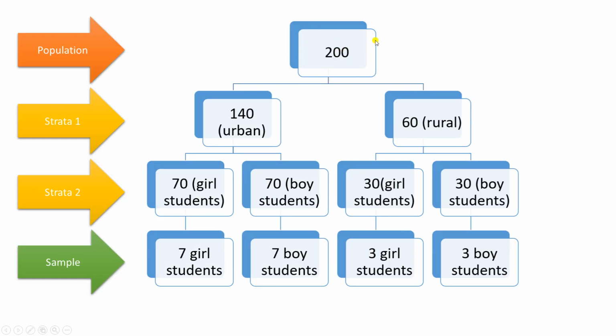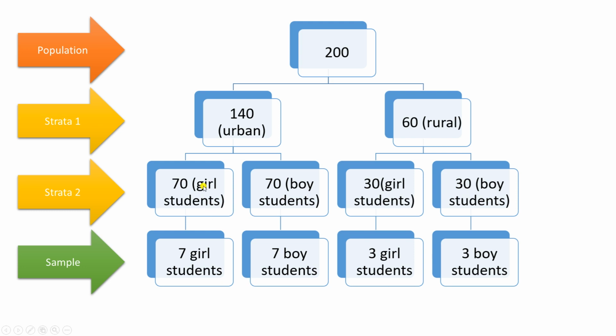So we had 200 students, with a 70-30 urban-rural differentiation, so 140 from urban and 60 from rural. Also you had to maintain a 50-50 ratio among boys and girls, right?